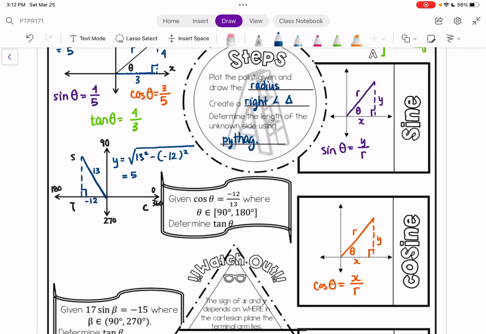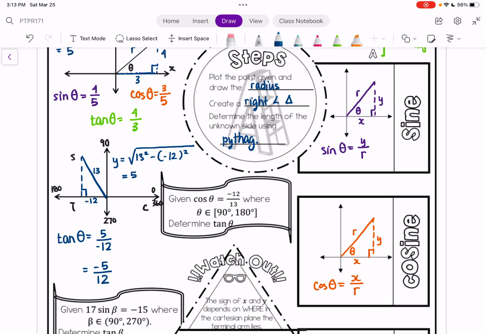And so they wanted tan of theta. Well, tan of theta is 5 over negative 12. But we don't ever put the negative in the denominator of our fraction. That negative should be written at the top.